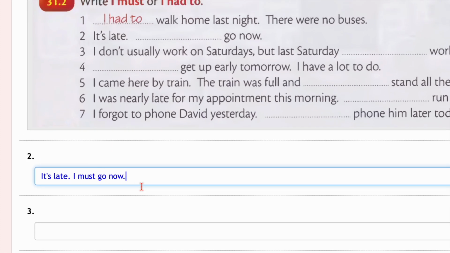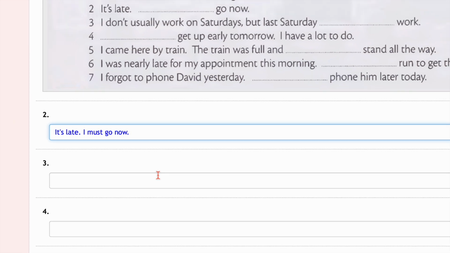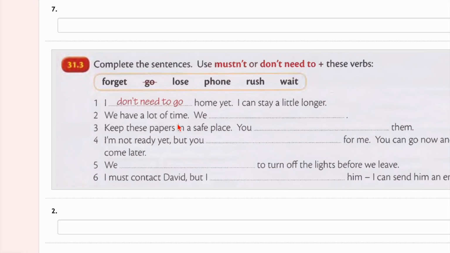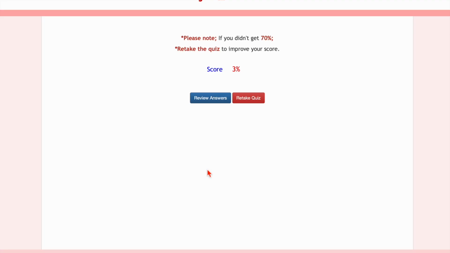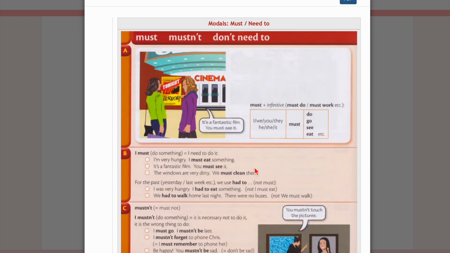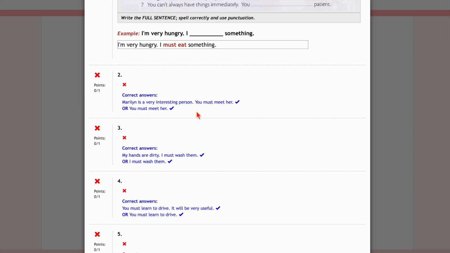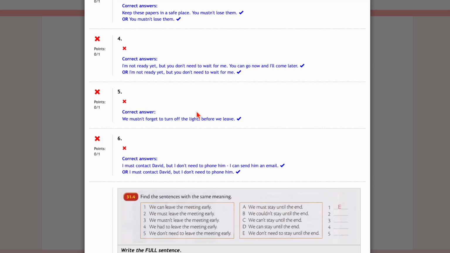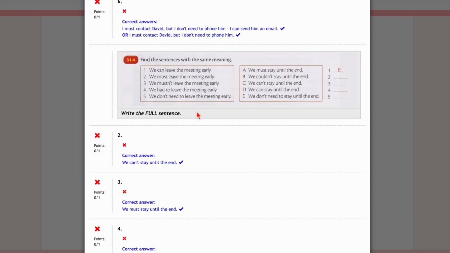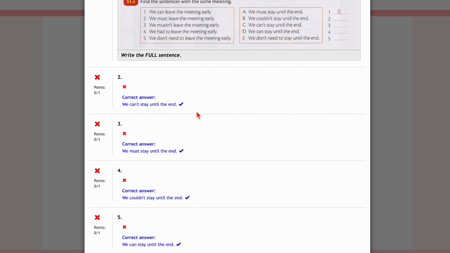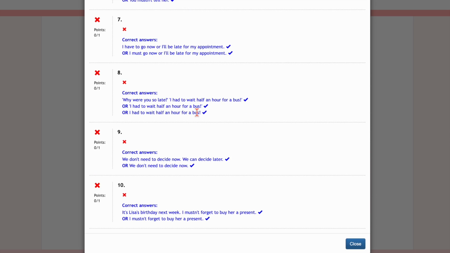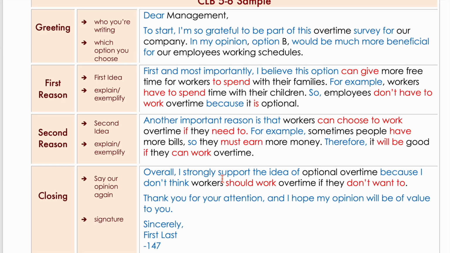We write our sentences in here, and then afterwards you can check your answers. You got only 3%, and we need to get 70%. But you can also review the answers there, which ones are correct. So I will leave a link on there for you to practice your grammar and sentence structure, which is very important for this level.